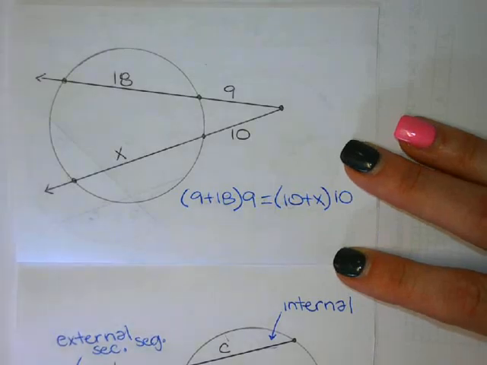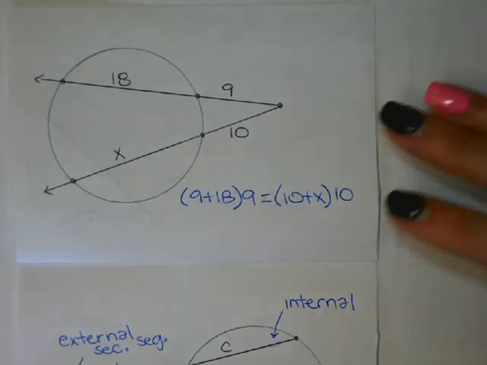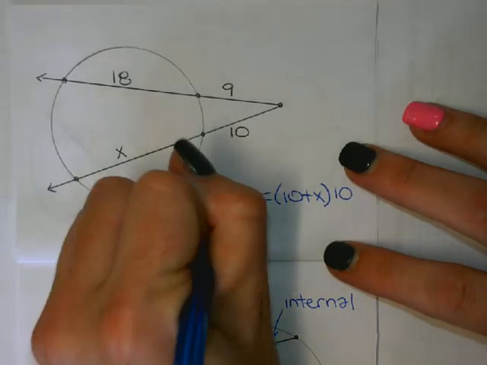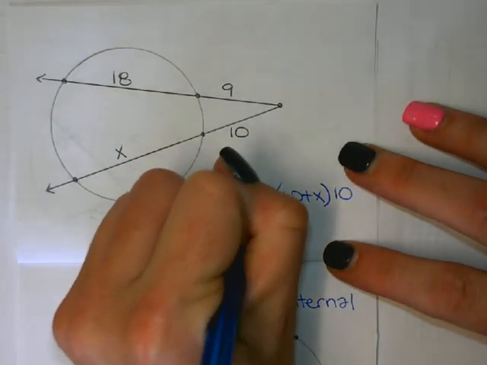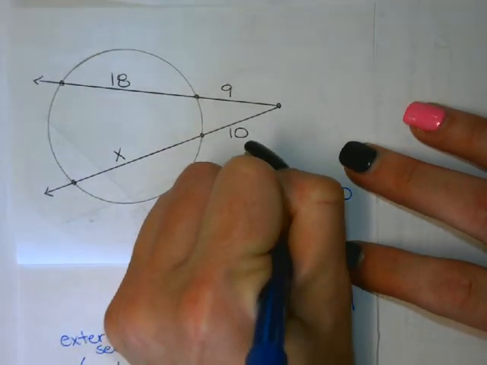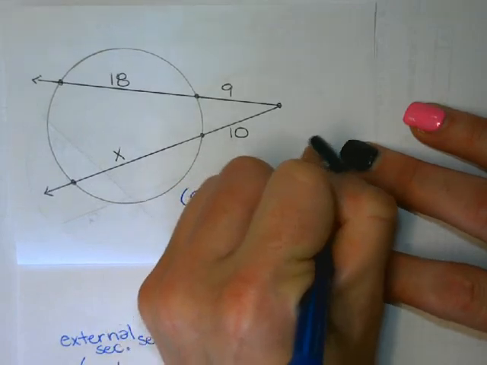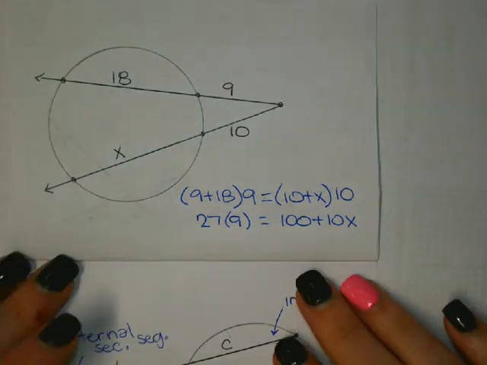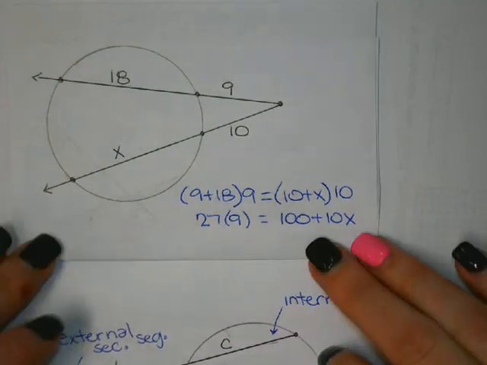And now from here, it's just some algebra. So I will have to add up 9 plus 18 and then multiply it times 9. So 27 times 9 equals 100 plus 10x. So I'm just going to do a little distribute, and then I can solve for x. All right, so I can't wait to see what you have in class.